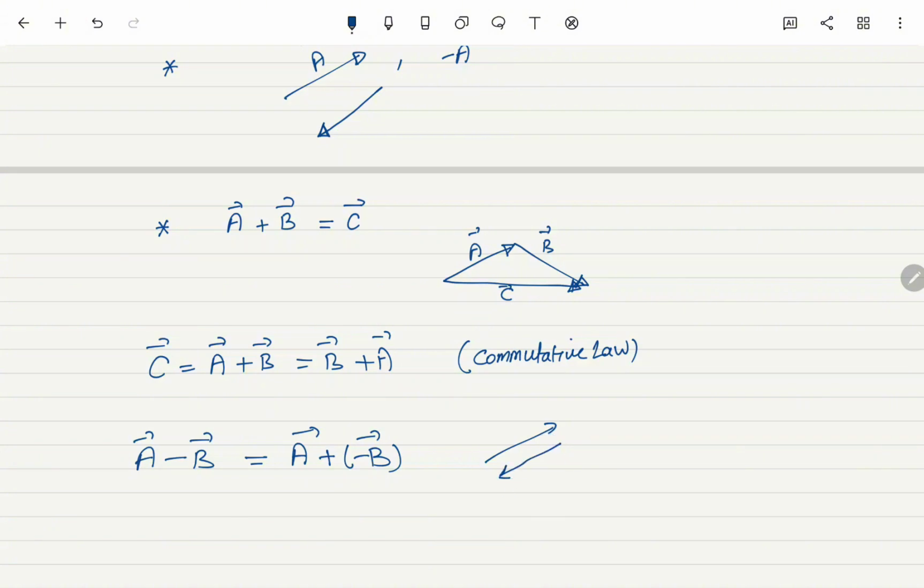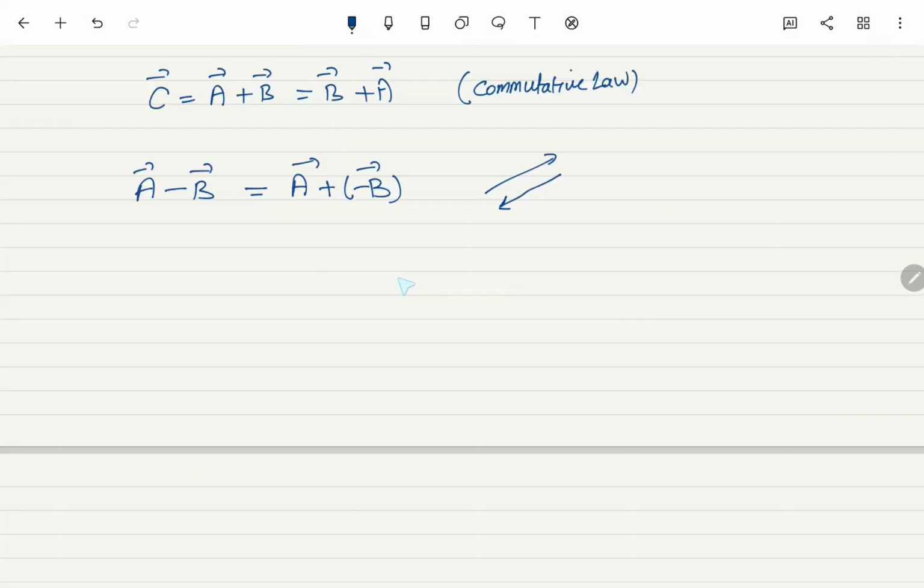So when we subtract two vectors, if A is in this direction and B in this direction, the reverse or minus B will be something like this, and the resultant vector is C. Again, tail to tail, head to head.